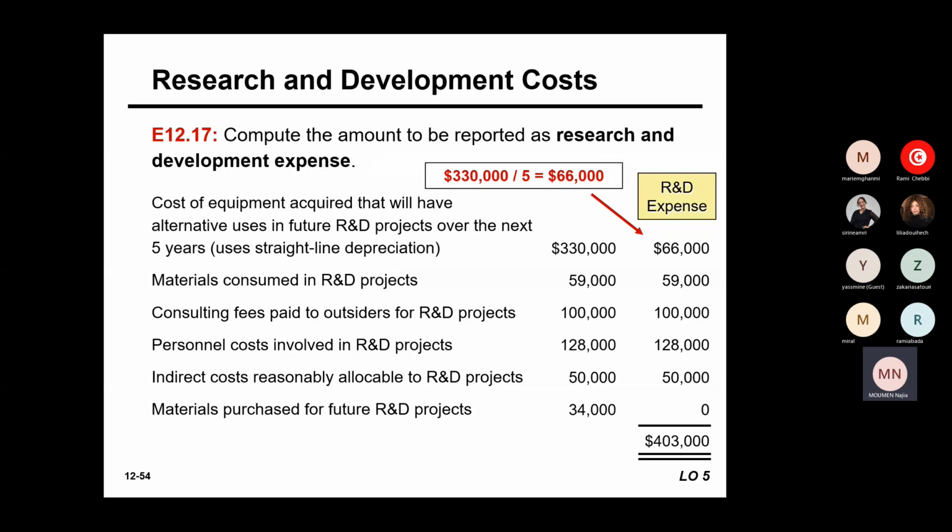But the depreciation expense of equipment specifically used in the current project, and also in future projects, will be part of the R&D expenses, because that equipment is used in particular for that R&D project. It's not for the original or general operating cycle of the business. You see?